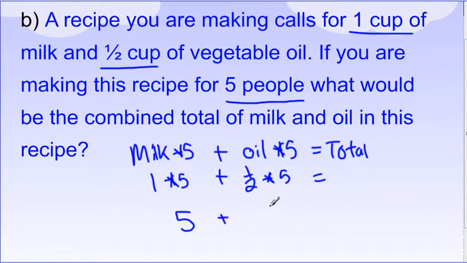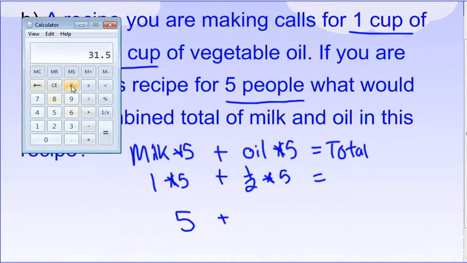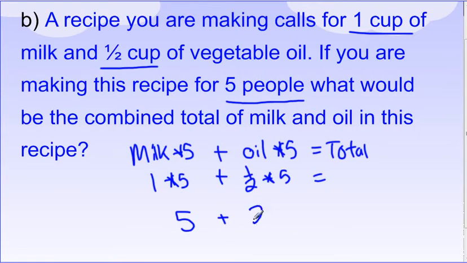And if you don't have a fancy calculator, if you got one of these inky dinky calculators like me, 1/2, if you don't know what that is as a decimal, 1 divide 2, then take it times 5, so you got 2.5. So the total amount of milk and oil combined together, if you add those pieces together, is 7.5 cups total.